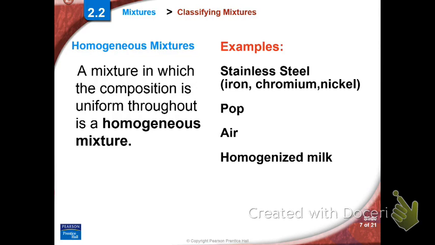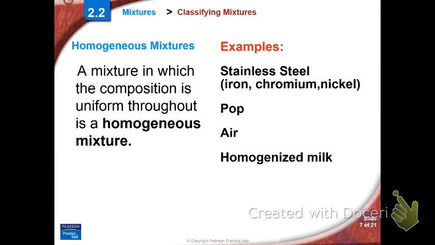Same with pop. Pop is made out of mostly corn syrup, flavorings, colorings, but it's all mixed together, the same all throughout. None of those things would you be able to separate out. Air is a homogeneous mixture of mostly nitrogen and oxygen. It's going to be the same all throughout. Homogenized milk.